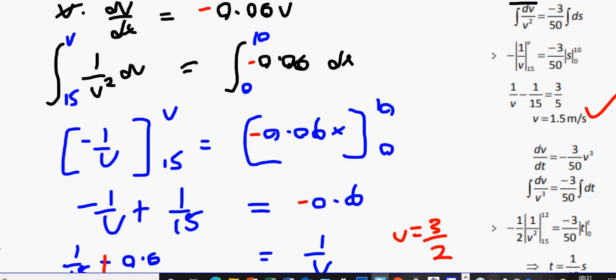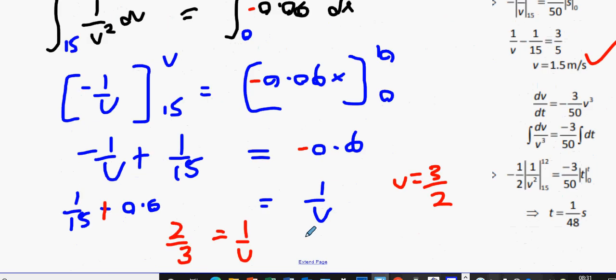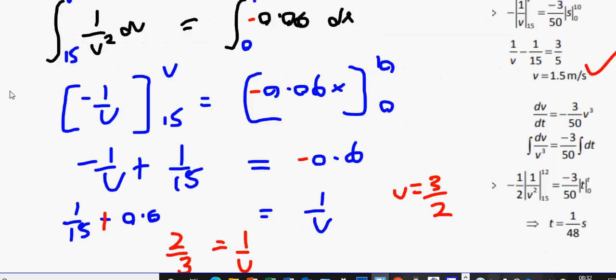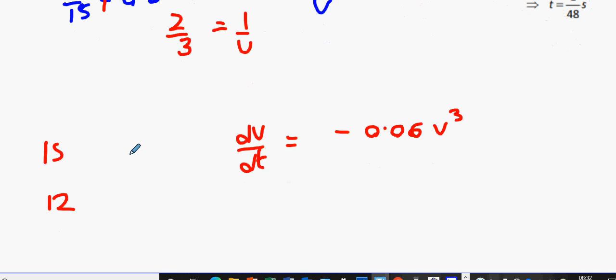15 to 12 time. Okay. The dv dt. What did we say earlier? 0.06 phi cubed, yeah? Yep. Start the clock at what, lads?